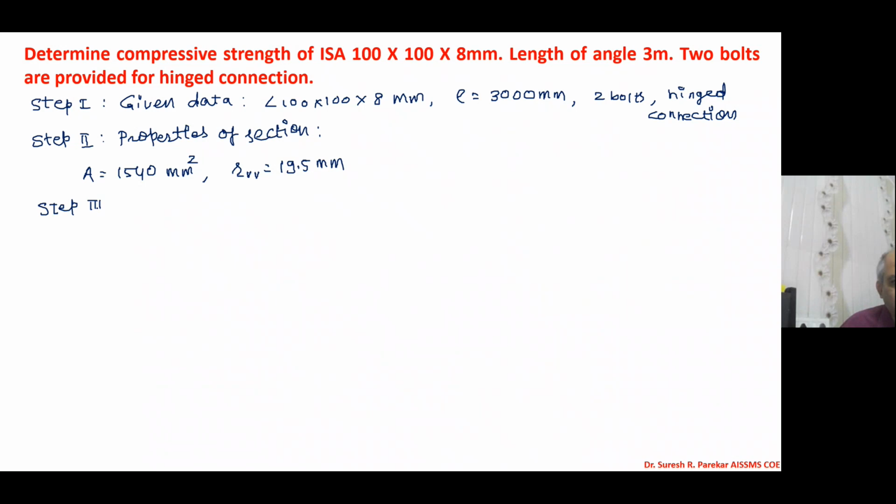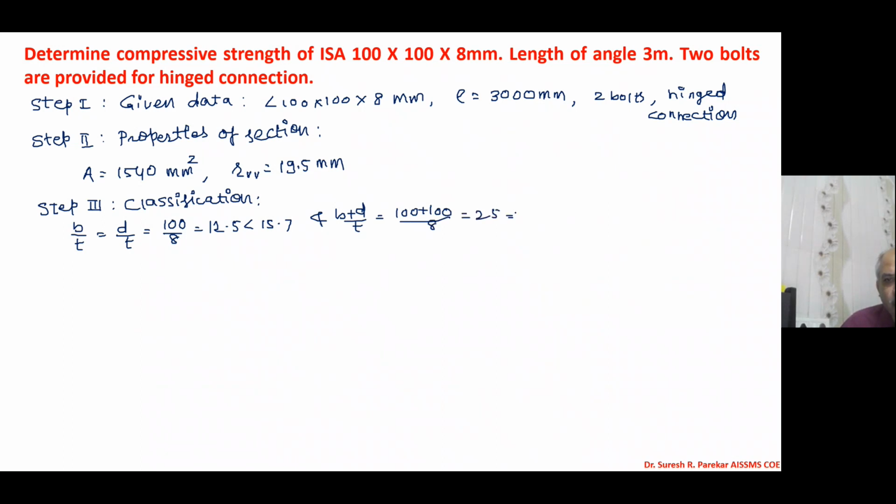Then we have step 3, classification. So we have B by T equal to D by T equal to 100 by 8, 12.5, less than 15.7, and B plus D by T, 100 plus 100 by 8 will be 25, that is equal to 25.